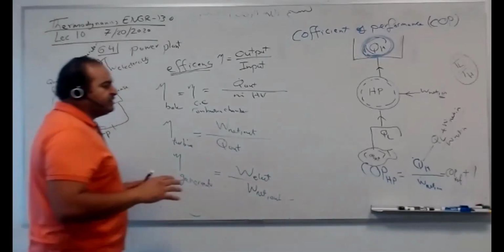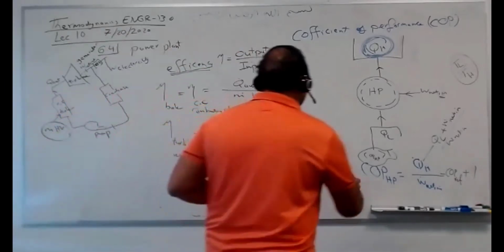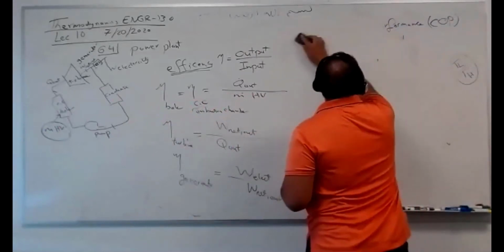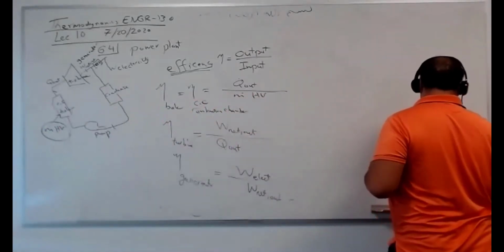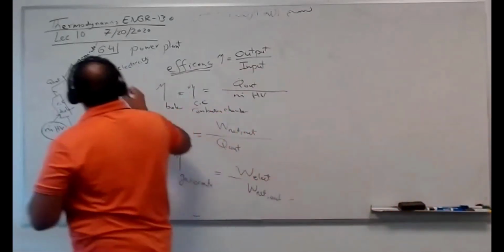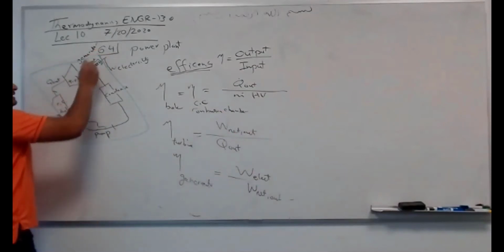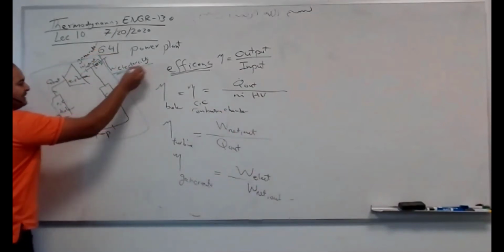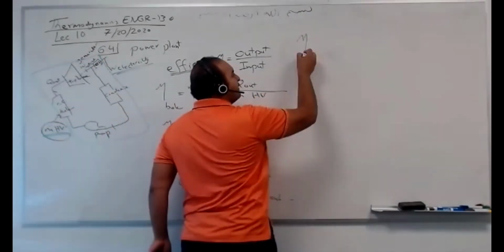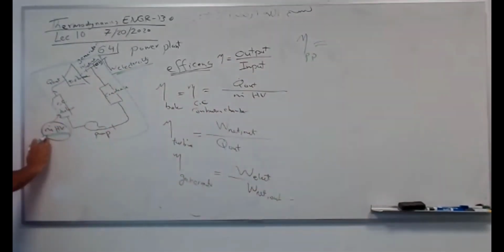So what about the thermal efficiency of power plant? I'm talking about now details. So the power plant, which is everything. Let's say we'll talk about everything here. What is the output? What is the input? So eta power plant, it's output over input.